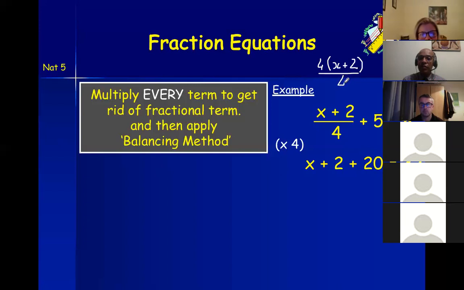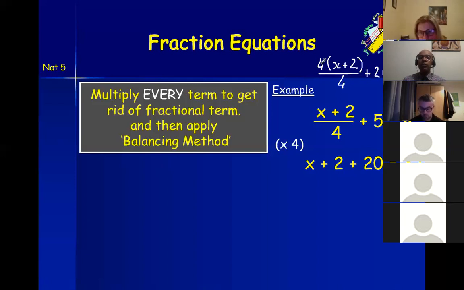That's the first thing I've done. I've timed 4 times 5, which becomes 20. And on the other side, I've just timed 4 by 8. 4 times 8 is 32.